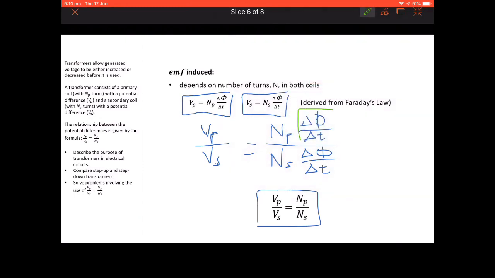These values are equal to each other, so they will just cancel out, and you'll be left with this ratio here. So the ratio of the voltage in the primary coil to the voltage in the secondary coil is equal to the ratio of the number of turns in the primary coil to the number of turns in the secondary coil.